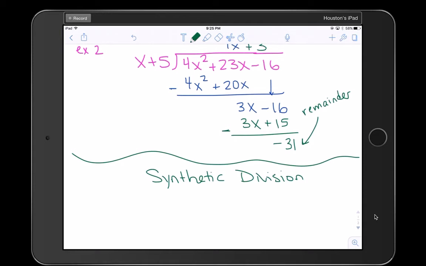So let's say I ask you to use synthetic division to divide x cubed minus 14x squared plus 51x minus 54. And we're going to divide that by x plus 2.